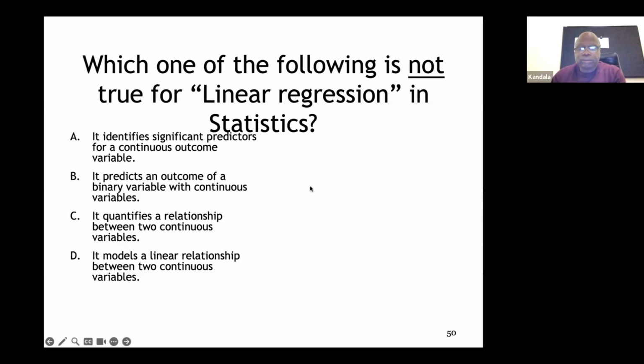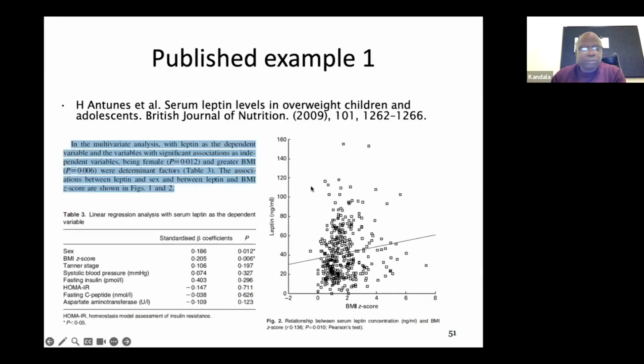So the next example I wanted to share in terms of reporting, good reporting. This is one analysis that was reported in the British Journal of Nutrition.